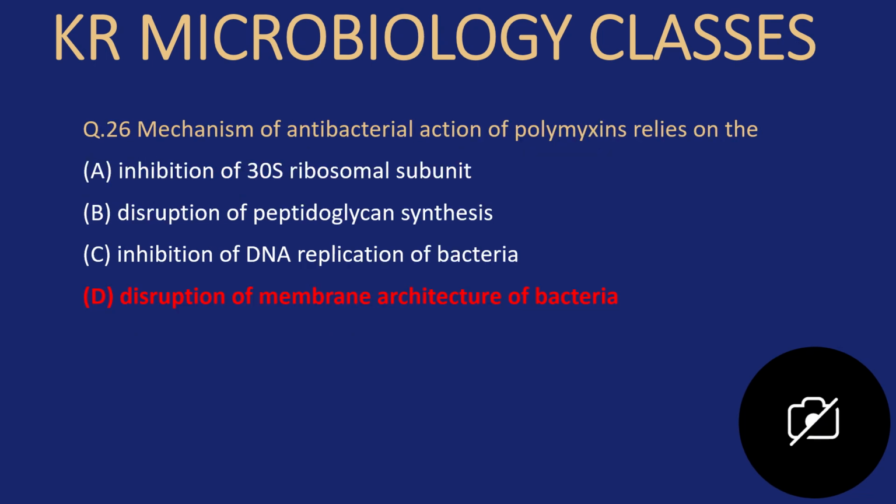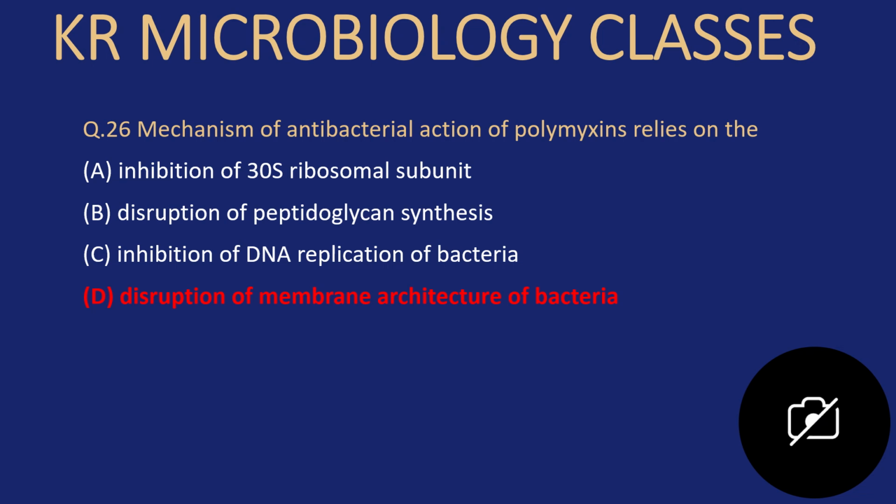Next question: the mechanism of antibacterial action of polymyxins relies on... So they are asking on which part of the bacteria polymyxins act, what is the mechanism of the antibacterial action? See the four options: inhibition of 30S ribosomal subunits, disruption of peptidoglycan synthesis, inhibition of DNA replication of bacteria, and disruption of the membrane architecture of the bacteria.